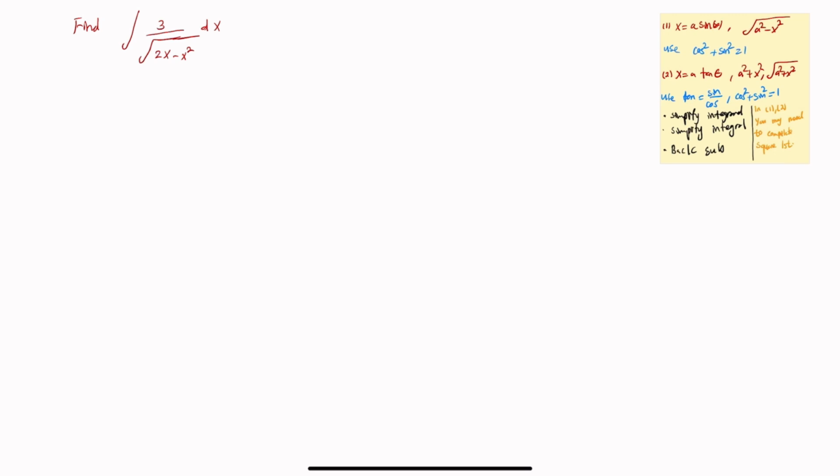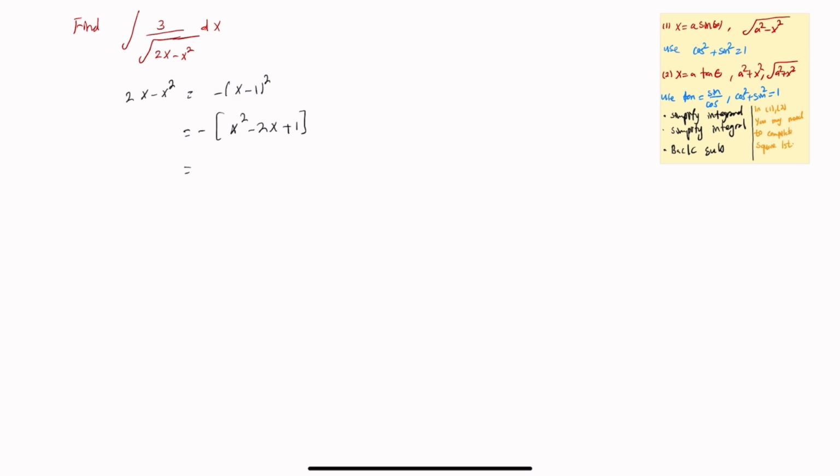I'm going to take what's under the square root, which is 2x minus x squared, and complete the square. So this is going to be equal to x minus 1 squared, and then minus. Let's find that: minus, and then x squared minus 2x plus 1.